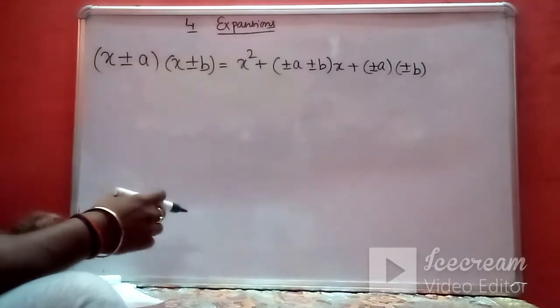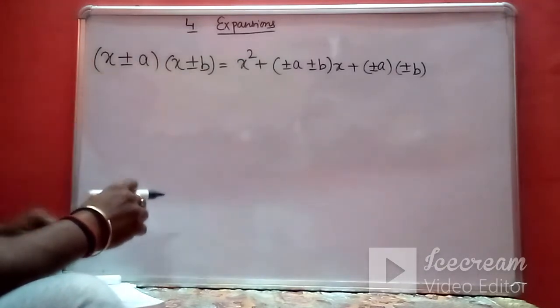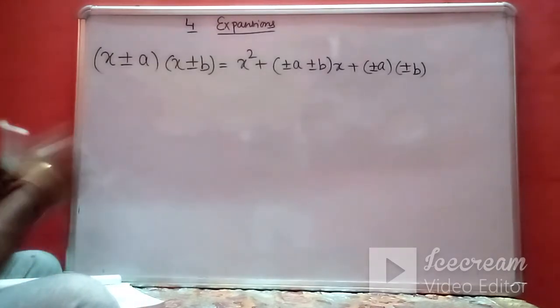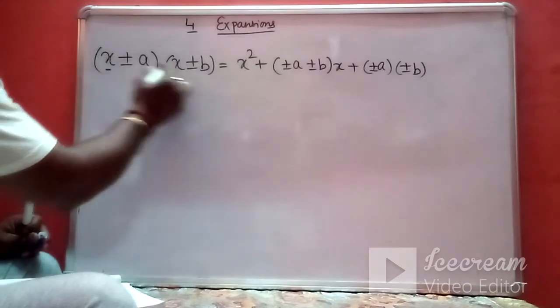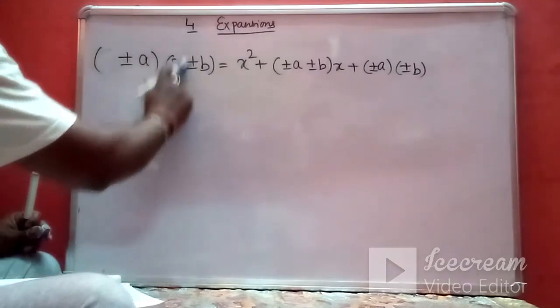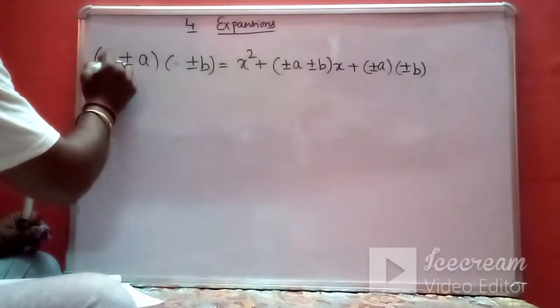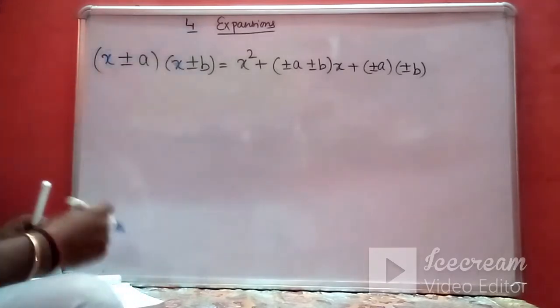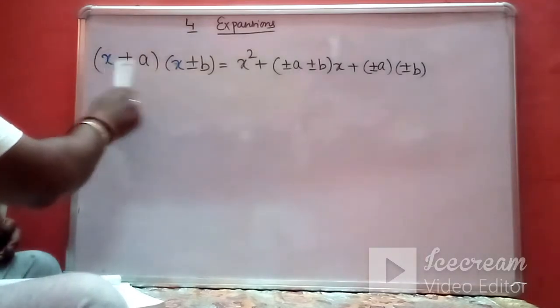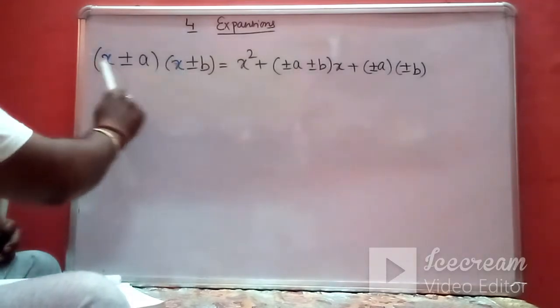Whenever we are using these identities, the important thing is that this should be the same. Like suppose if I am writing it, it should be x, it should be the same here: if x, so x; 2x, so 2x.